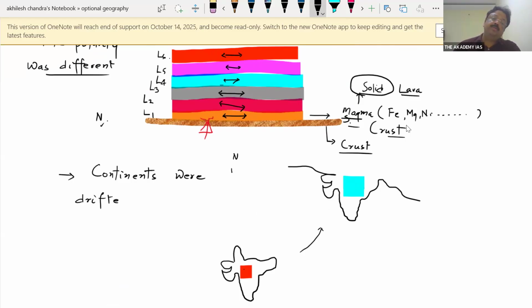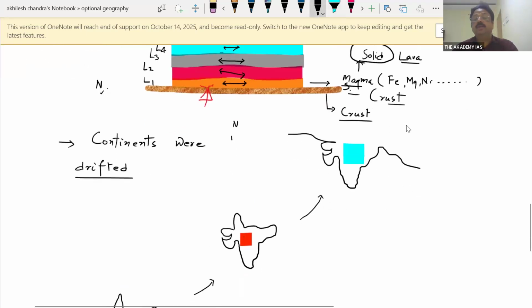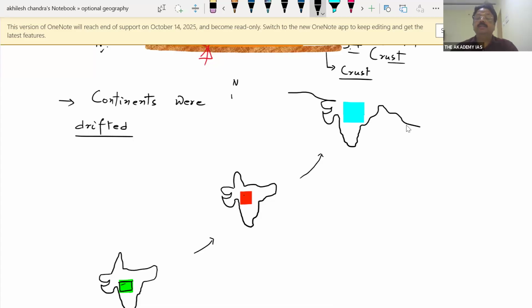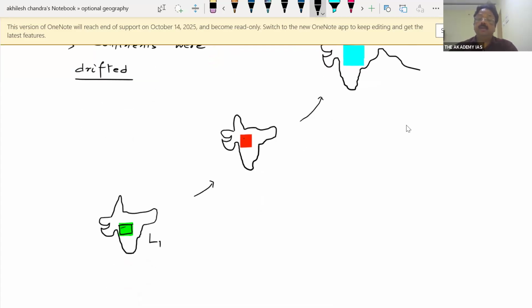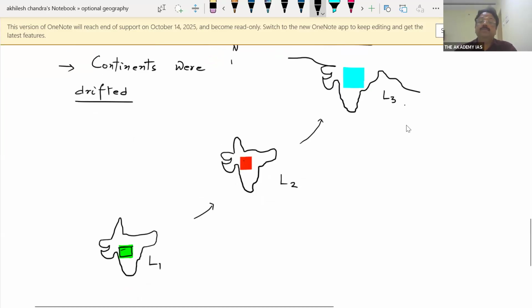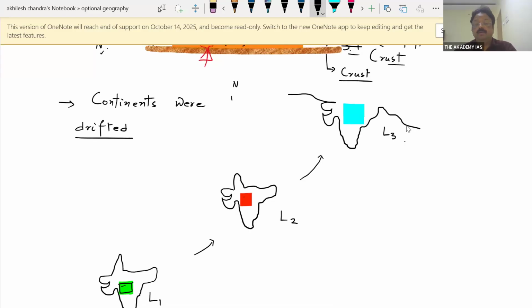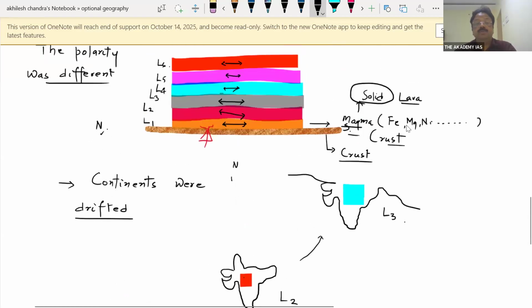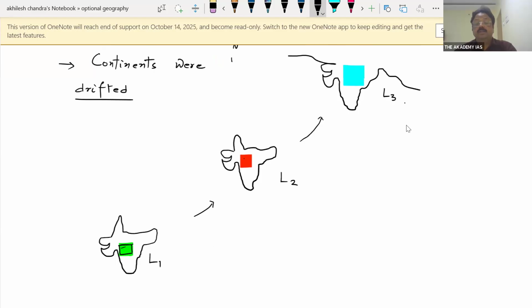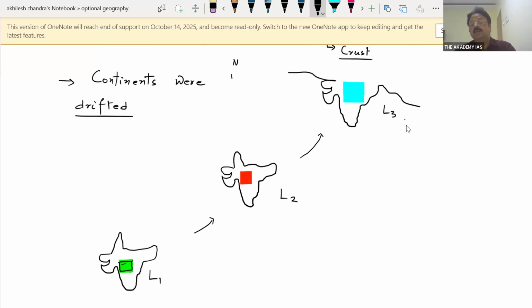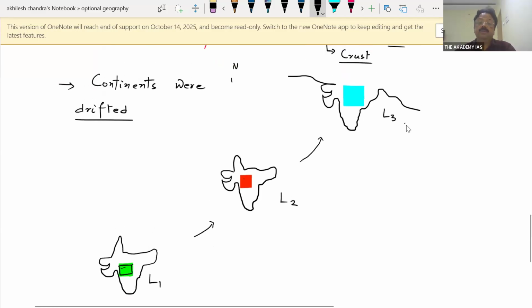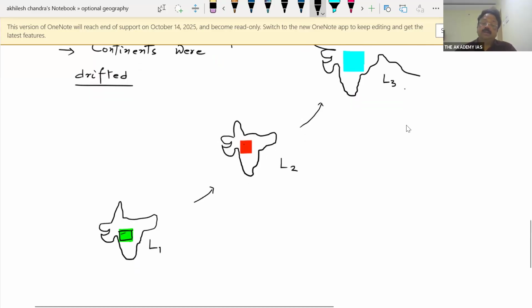You are not going to change the pole immediately, na? But there is a change in polarity which is reflected in different lava flow. This is L1, here it is L2, here it is L3, and in all lava flow, the alignment of ferromagnetic compound was different. And it is telling the same story that, okay, it is not the pole which is going to be changed, rather the continents were drifted, and earlier it was near South Pole.